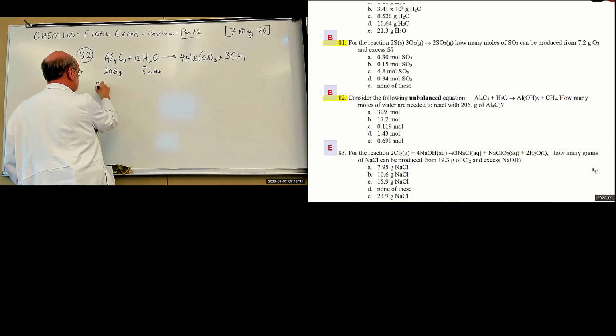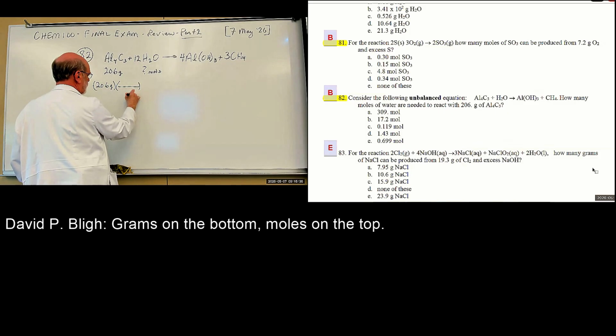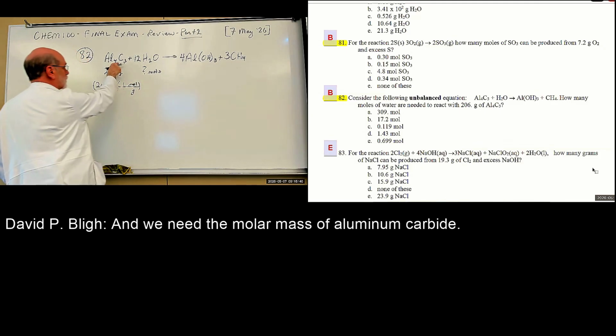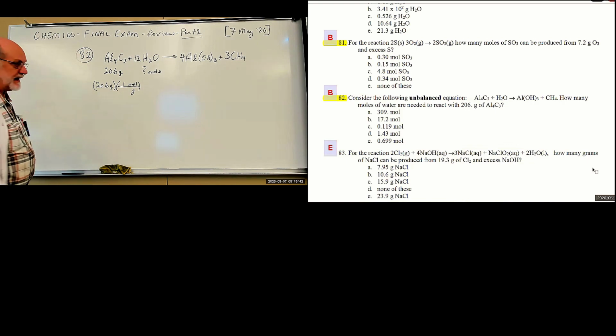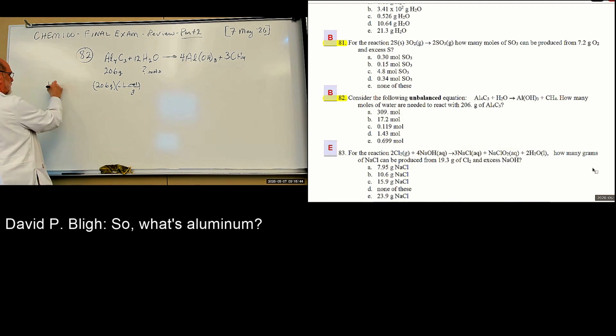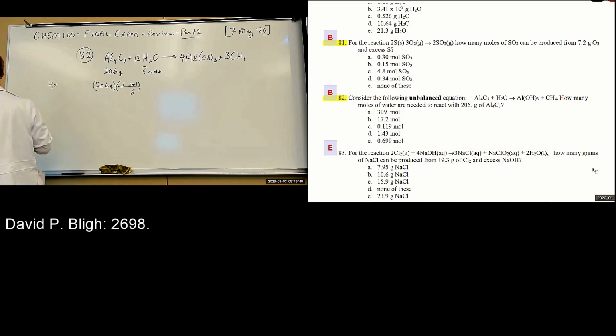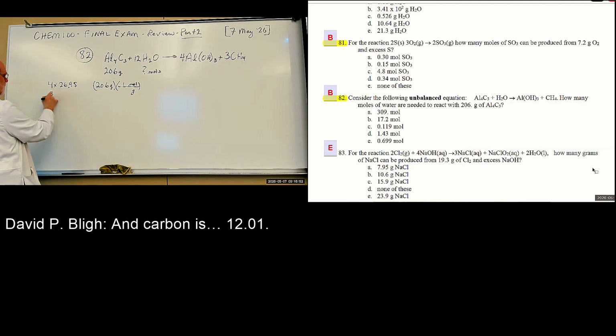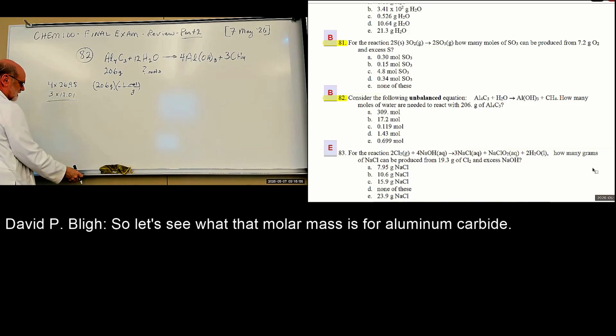That means grams on the bottom, moles on the top, and we need the molar mass of aluminum carbide. So what's aluminum? 26.98. And carbon is 12.01. So let's see what that molar mass is for aluminum carbide.